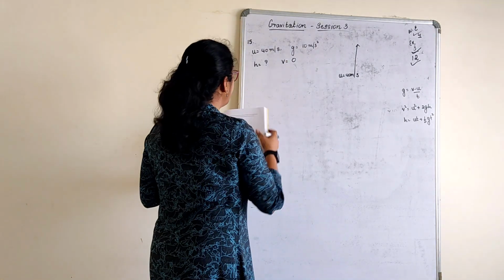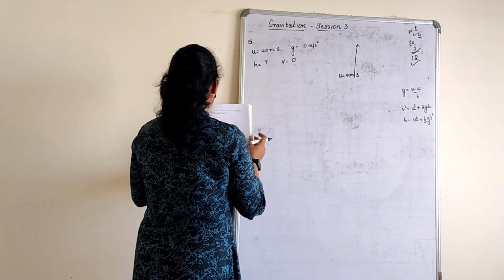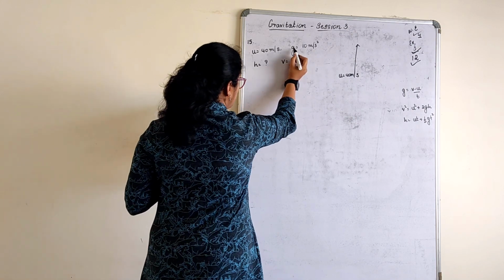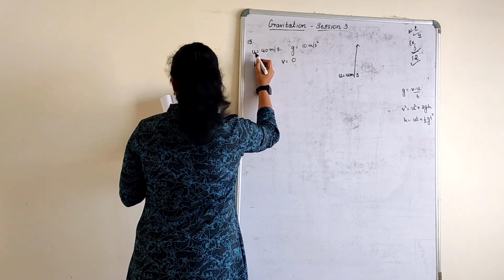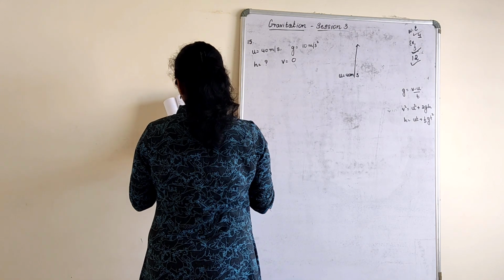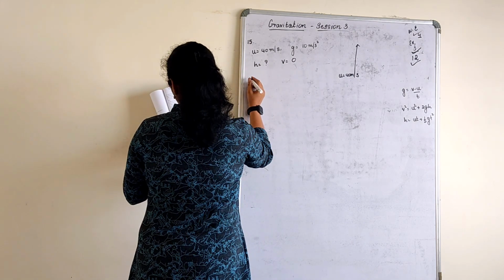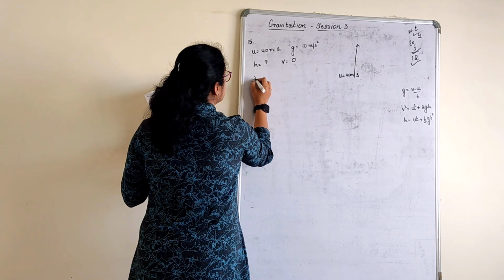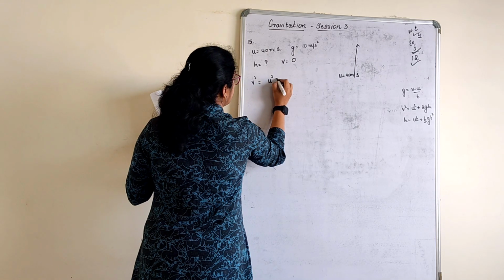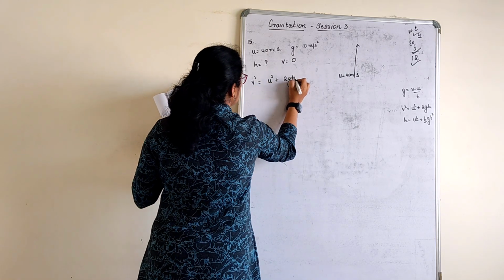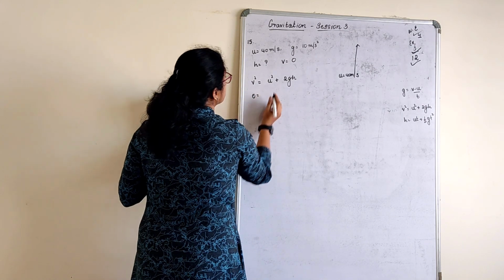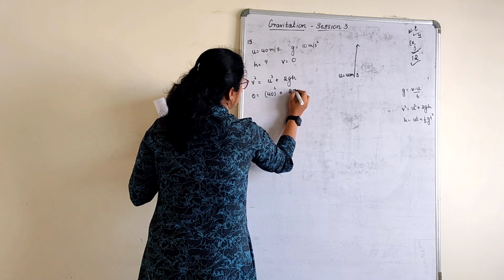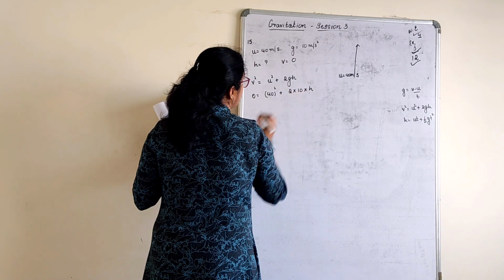So let's first find out the height. Now g is there, v is 0 and u is given. Which formula will you use here? V square is equal to u square plus 2gh, where v is 0 and u is 40 whole square plus 2 into 10 into h.